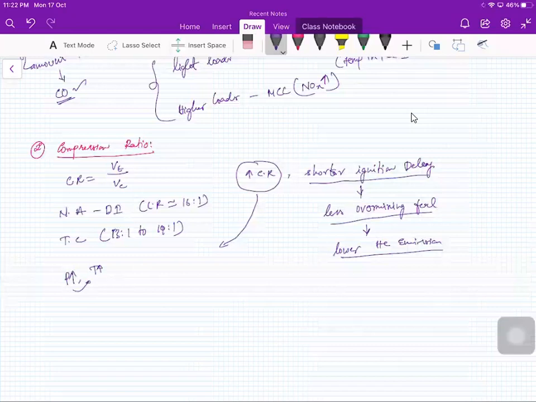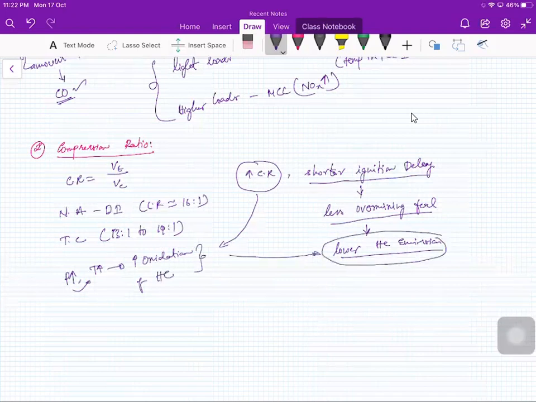So this high temperature will increase the oxidation of hydrocarbons or UBHC. Once the oxidation of hydrocarbon increases, automatically the HC emissions will get lower. Okay, so that's the concept behind lowering the hydrocarbon emissions.